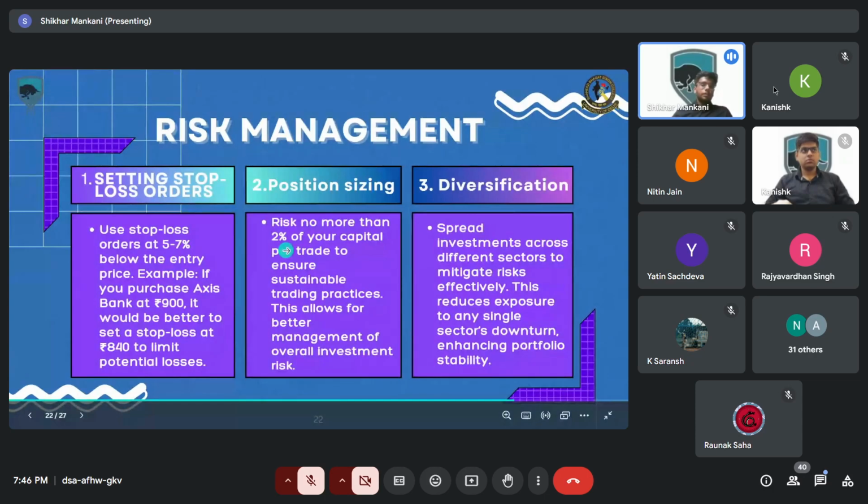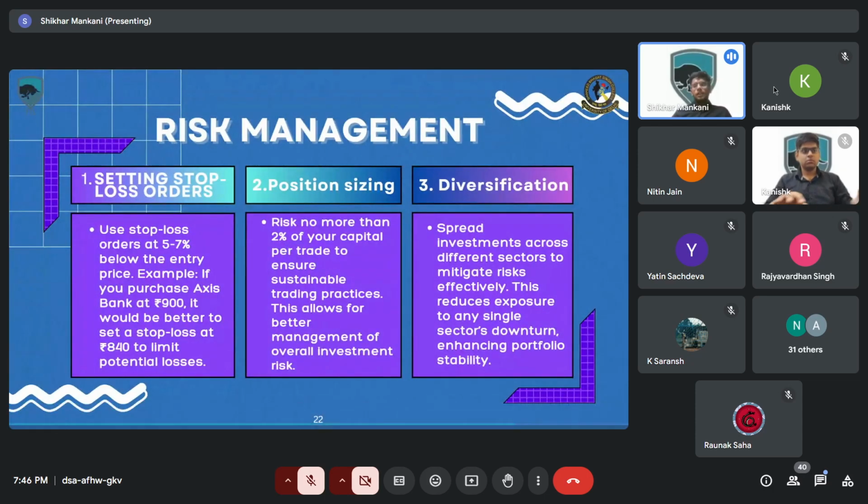It is required so that in case a few stocks go the wrong way, you still have a backup, and a few stocks can cover you. That is why we need diversification, everywhere in short-term investing and also in long-term investing.